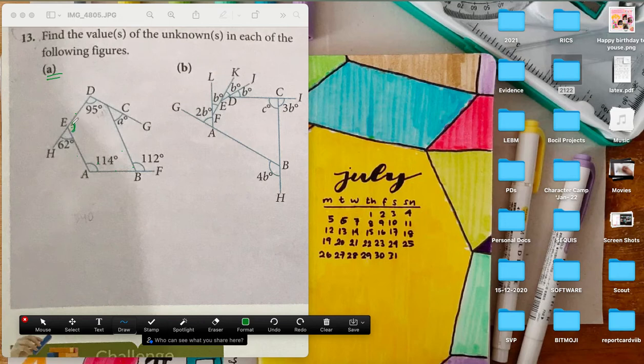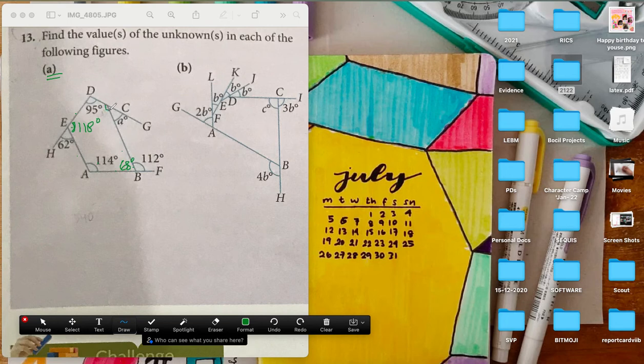I can find the size of this angle because this angle is supplementary to the 62 degrees, so it has to be 180 degrees minus 62, so I'll be having 118 degrees. The other one is this ABC, which is also a supplementary angle, so angle B here is supplementary to 112, I'll be having a 68 there, acute angle.